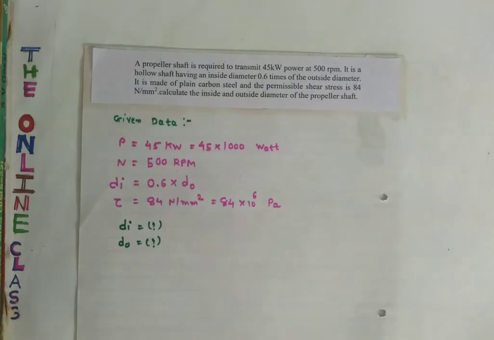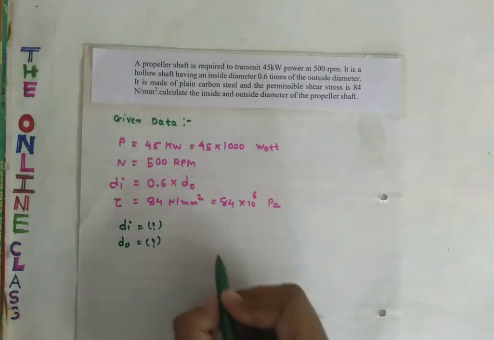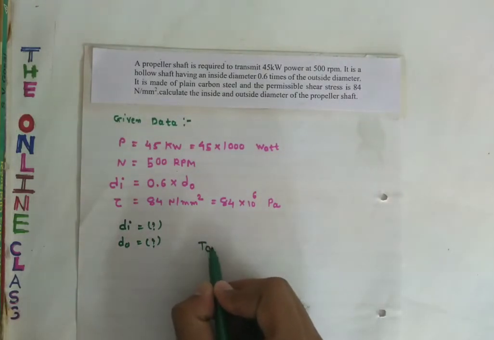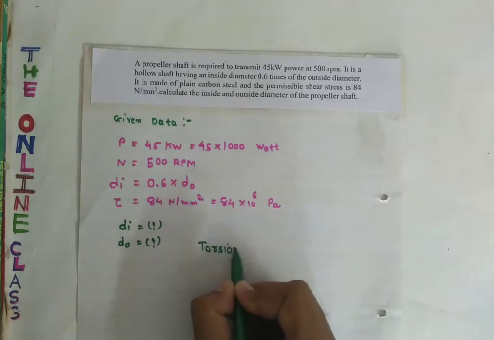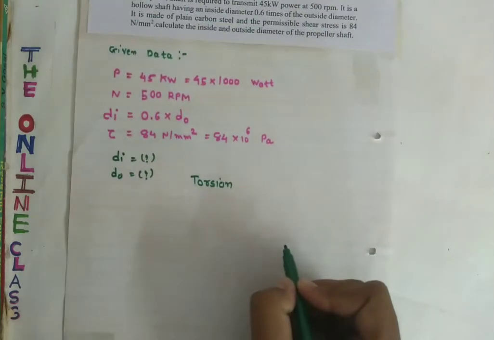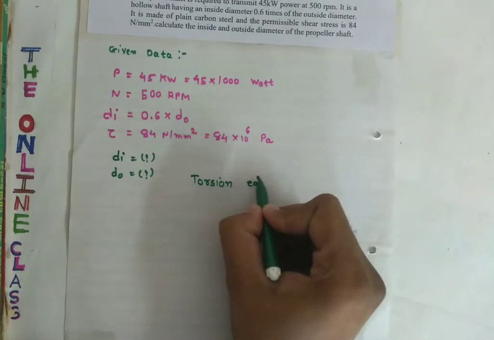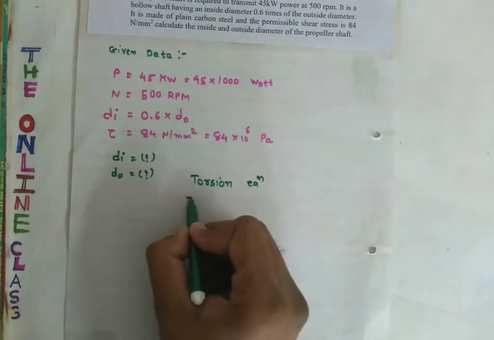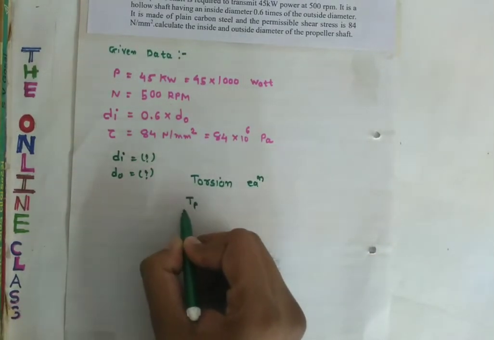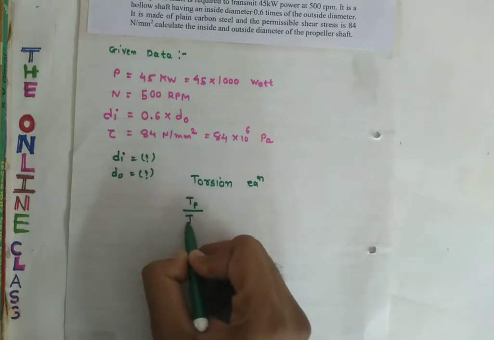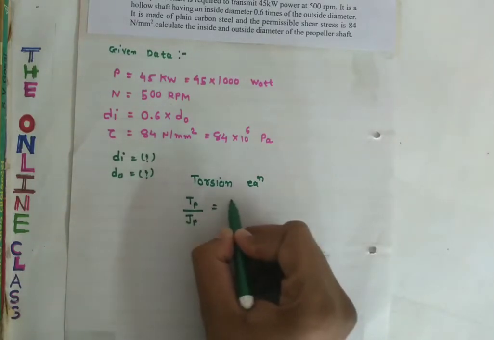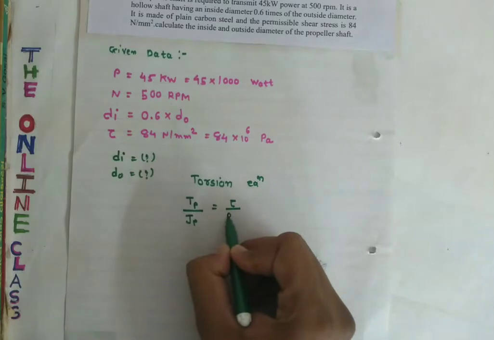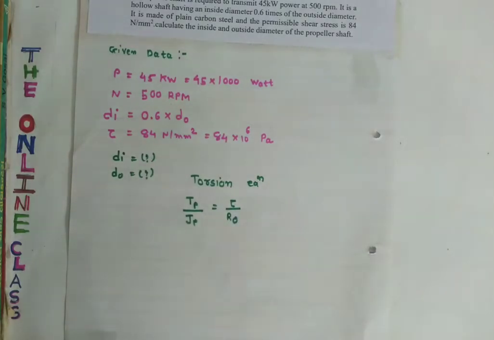Then first we write the torsion equation: TP divided by JP is equal to tau divided by RO.